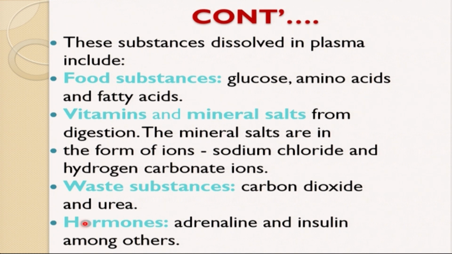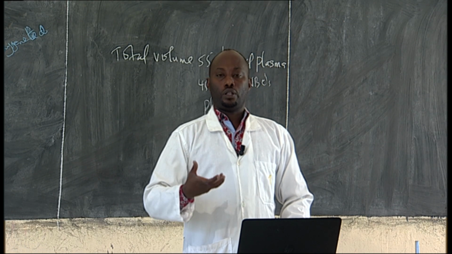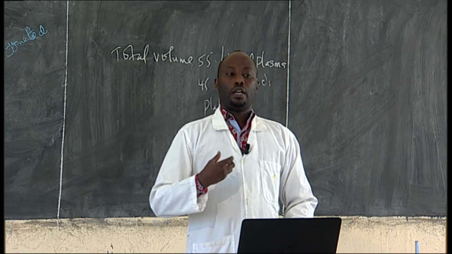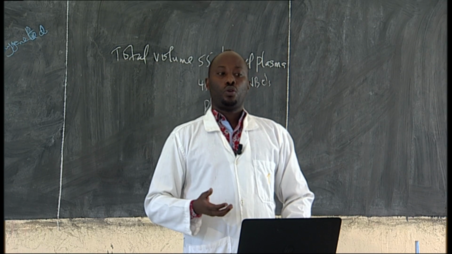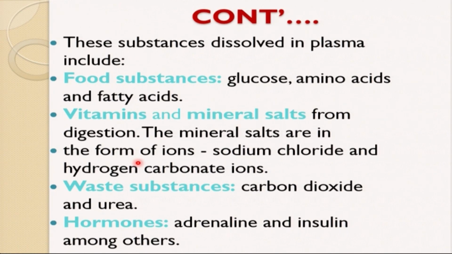Let's go through, I think we mentioned each and everything. What are these mineral salts? We talked about sodium chloride and hydrogen carbonate ions. Examples of hormones are adrenaline and insulin. I think everybody remembers where we talked about the functions of insulin.